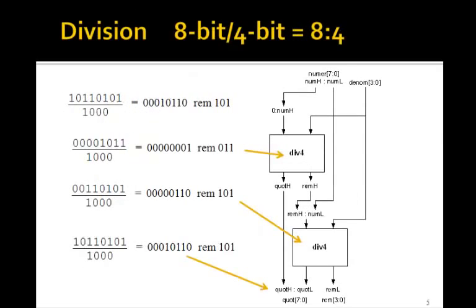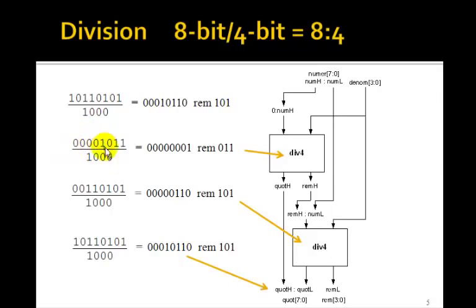Well, here's how you solve it. You have to do this 4-bit division twice, and here's how it works. Here's the numerator, here's the divisor, and we know what the answer is. What you do is you first take a 0 numerator high. So the numerator high is 1011. So you put the 1011 here, and you put leading zeros.